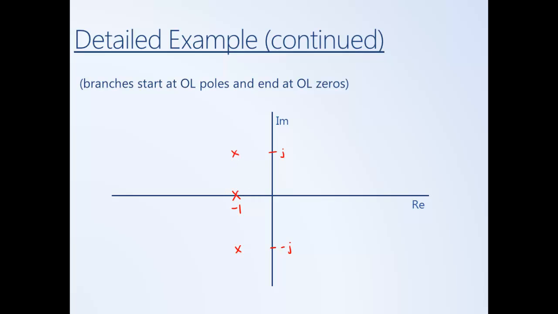We also have an open loop zero at negative 4, where I'm indicating the open loop zero with an O. These locations are important because we know that our root locus begins at open loop poles and approaches open loop zeros, starting at k equals 0 and approaching k equals infinity.